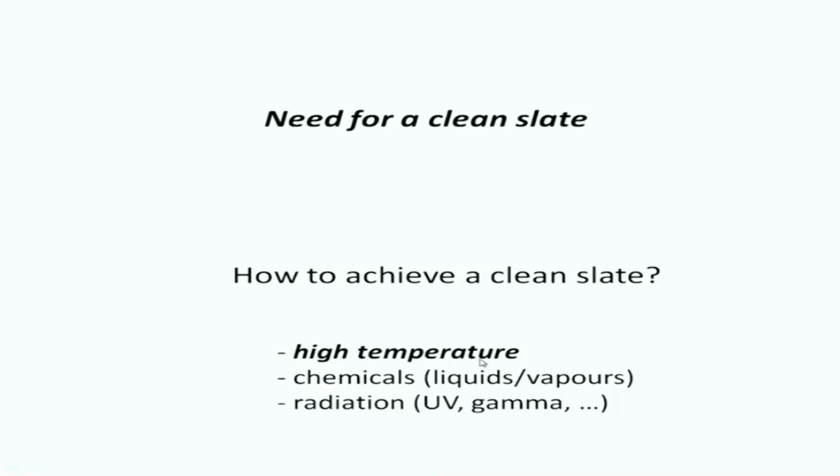If those conditions are maintained for about 15 minutes to half an hour, then you get a sterile space. You then make sure that the sterility is maintained, and at the right time you add the organisms of interest. That is how autoclaving is done.